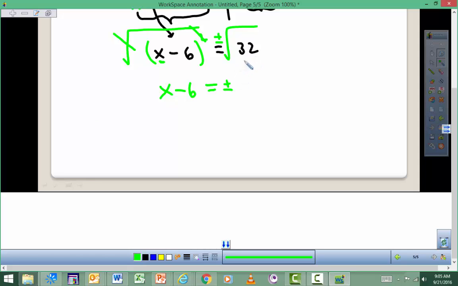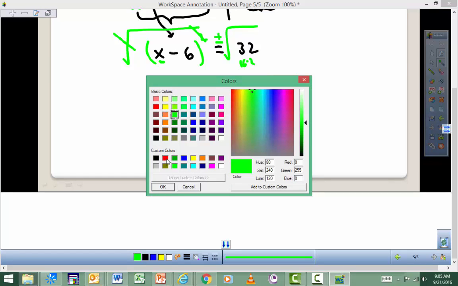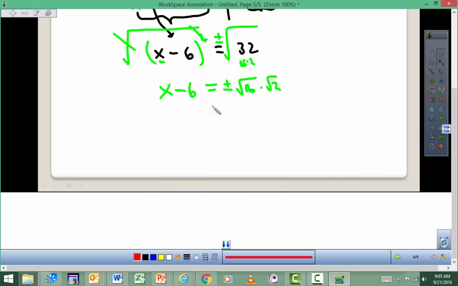So why not split this up as the square root of 16 times the square root of 2? So I think I'll do some more simplifying. This gives me plus or minus 4 square root 2.